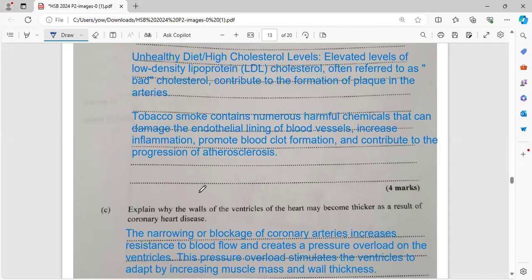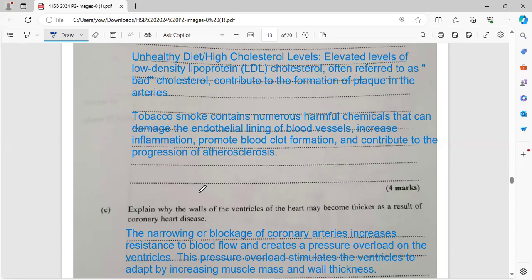They are constricted. So it's going to create pressure overload on the ventricle, right? So the ventricle is going to adapt by increasing its muscle mass and wall thickness. So the ventricle is basically adapting to the pressure that the fat or the blockage causes.